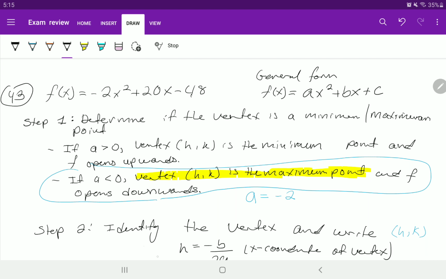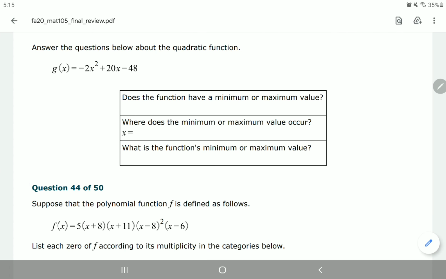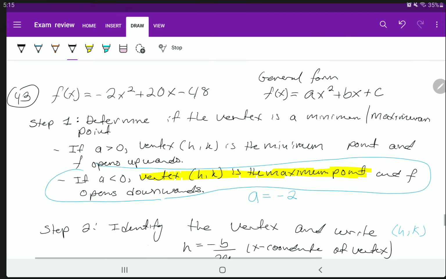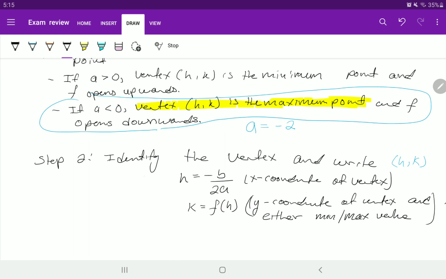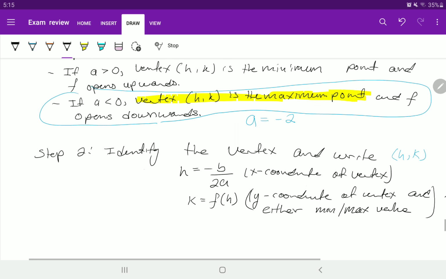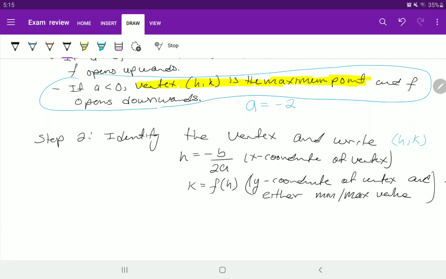All right. The next question wants us here. Where does the minimum or maximum value occur? You see how it said x equals? Now remember, the vertex identifies in this case as the maximum point, where h equals negative b over 2a and k equals f of h.